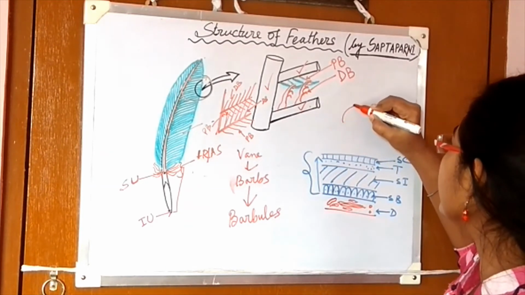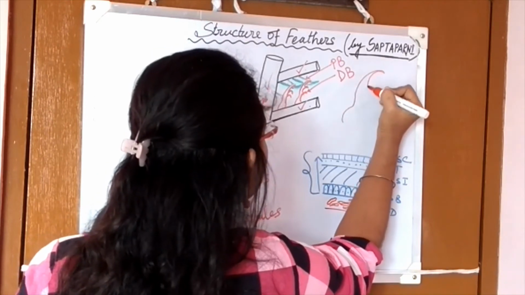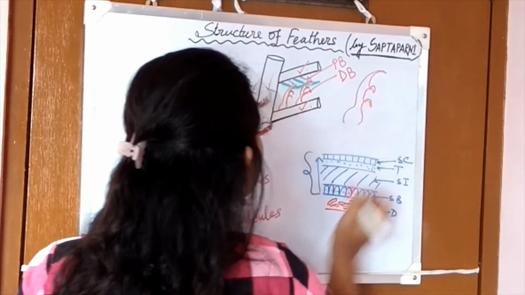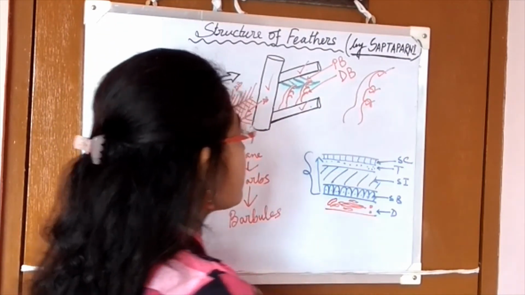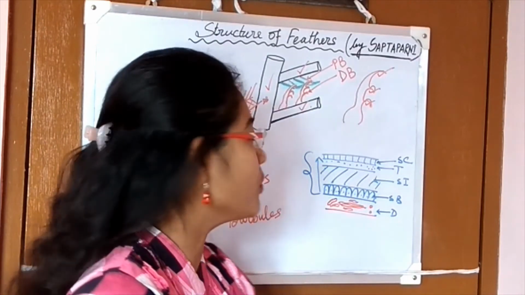They look like this. See, if this is a distal barbule, then it has some kind of hook-like structures. Those are known as hooklets or barbicels or hamuli.